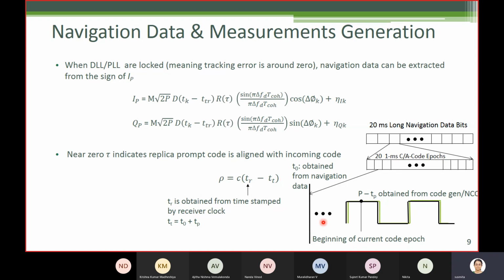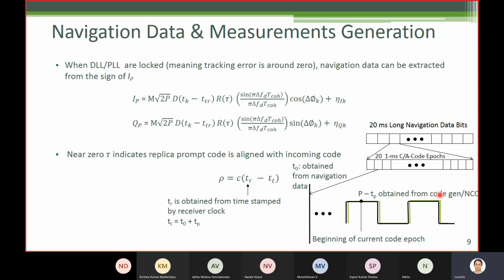We know that is n. So n times TC is this much time. How about this fraction of the chip? That information we can get from the NCO. The code NCO keeps track of the fraction of the current chip. So this information we get from the NCO. How many chips have already passed?